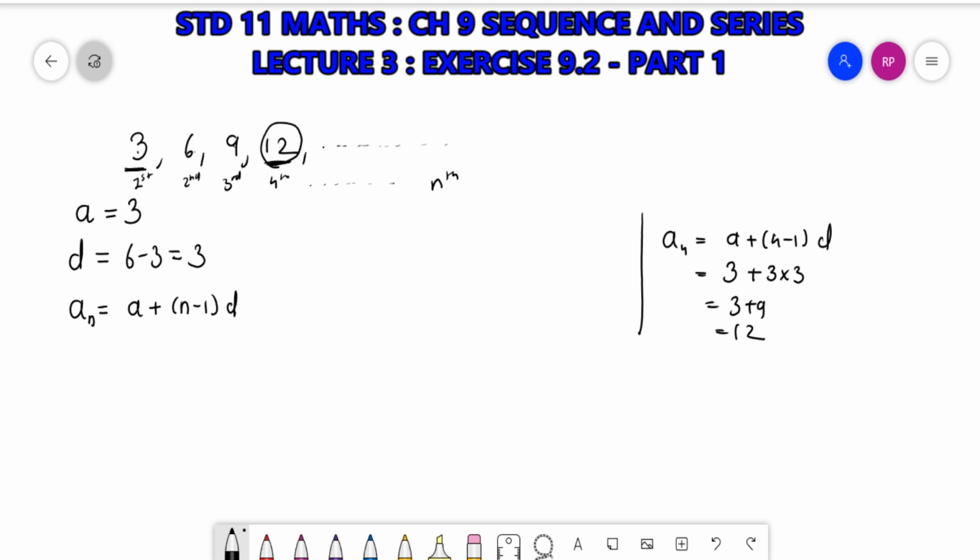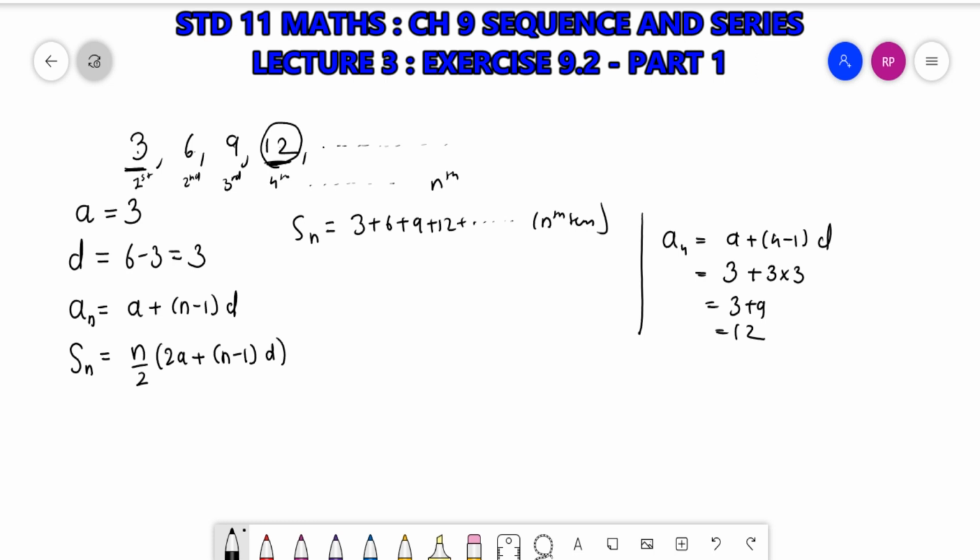Now if I want to take the sum of n terms, like 3 plus 6 plus 9 plus 12 up to the nth term, this is called the sum of the series till the nth term. The formula is Sn equal to n by 2 into 2a plus n minus 1 d.